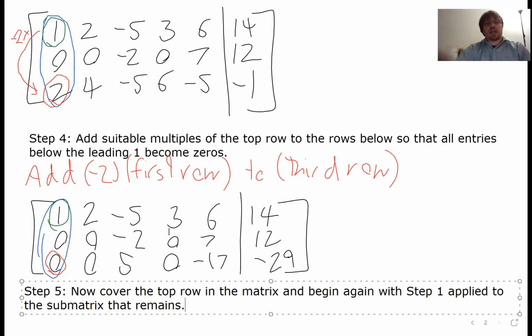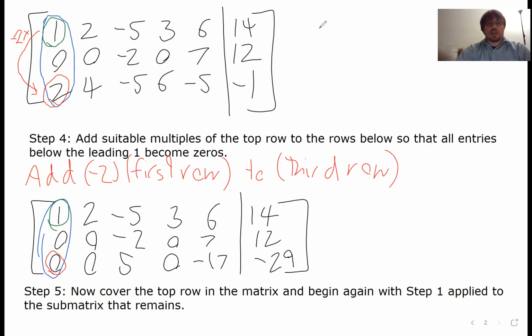Okay, so what's going to happen is you cover up the top row. That top row there, we're going to cover up, and then we're going to look at everything else as the submatrix, and we're going to restart at step 1 with that submatrix.